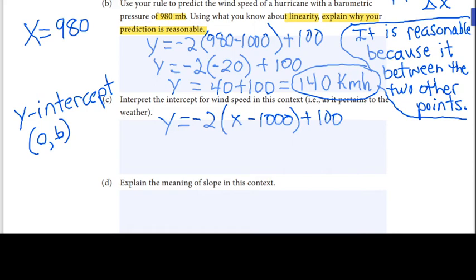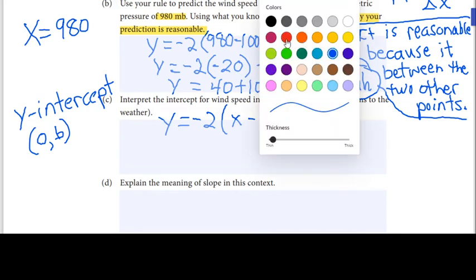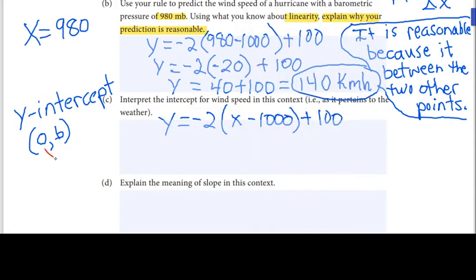Well, instead of x, I'm going to plug in 0, because the y-intercept is where x equals 0.